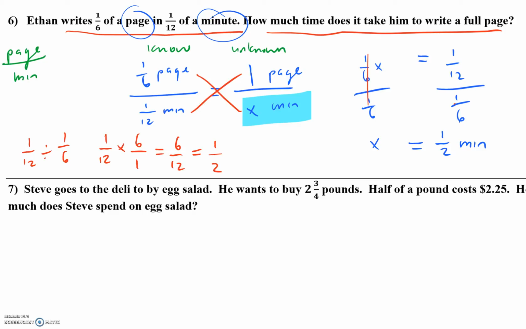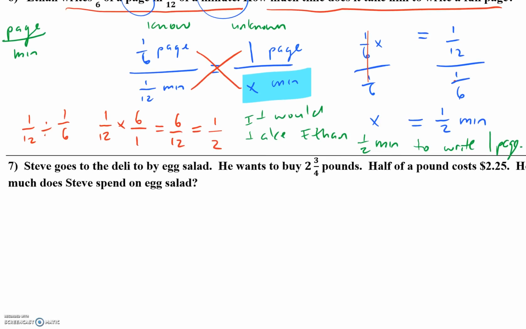All right, and in closing, we could write, it would take Ethan half a minute to write a full page. All right. So let's move on to the next question now.